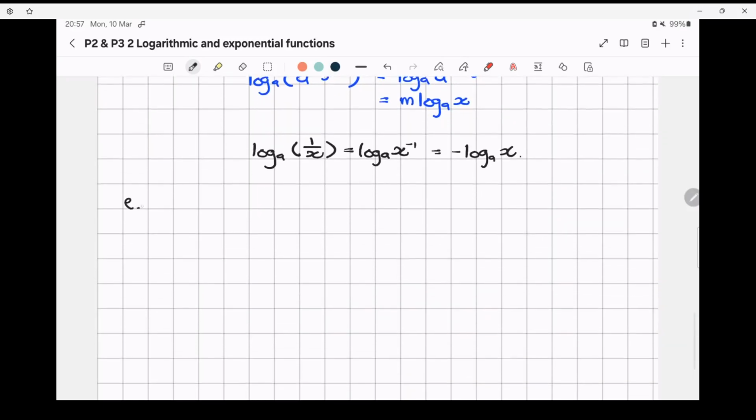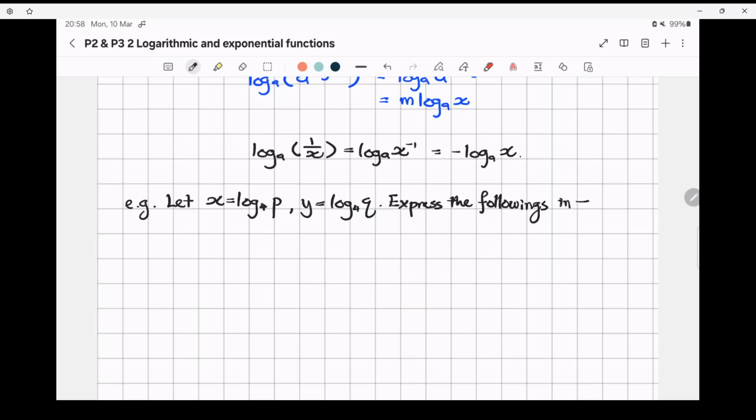So now let's look at some examples. Let x be this, y be this. Express the following in terms of x and y.